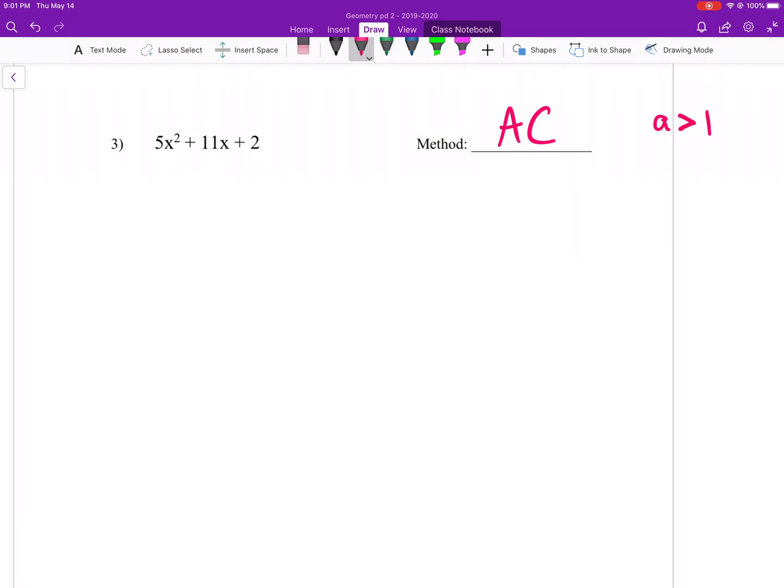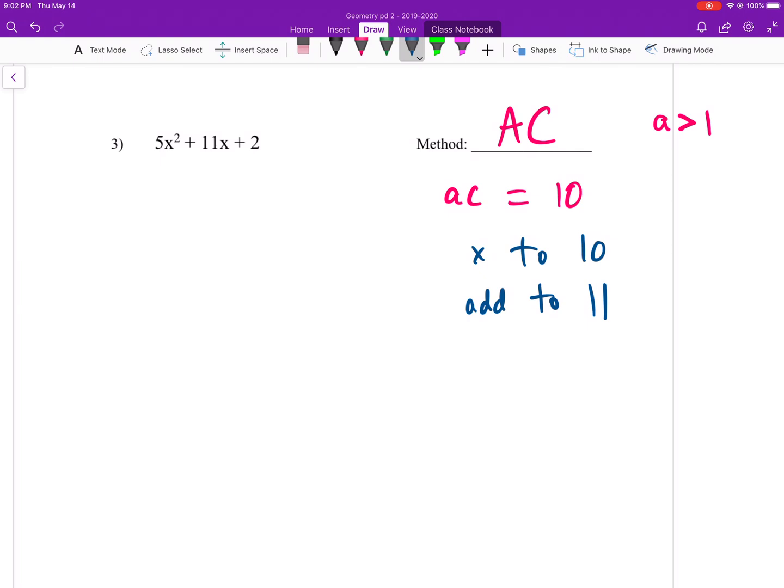So AC: a times c is equal to 5 times 2, which is equal to 10. So the two numbers have to multiply to 10 and add to the b value, the value in front of x, which is 11. So what multiplies to 10 and adds to 11?